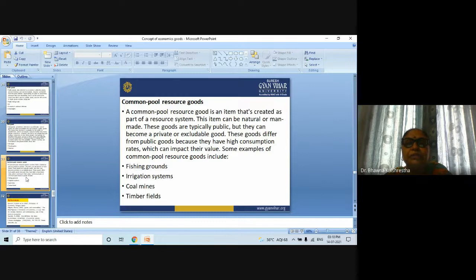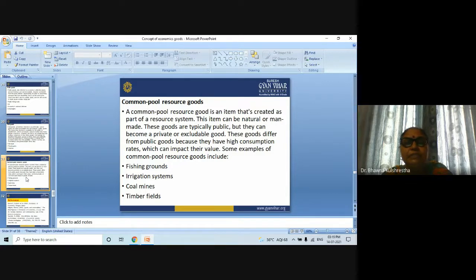These goods are typically public, but they can become private or excludable goods. These goods differ from public goods because they have high consumption rates, which can impact their value.